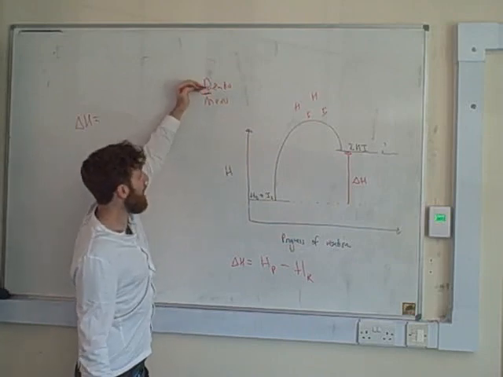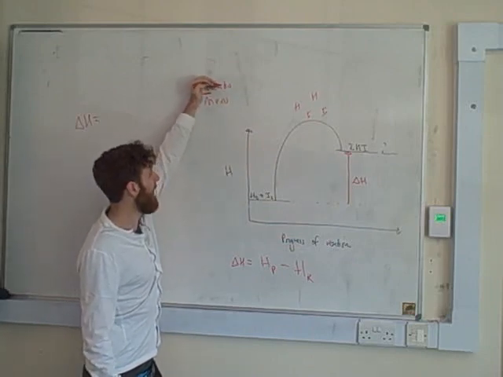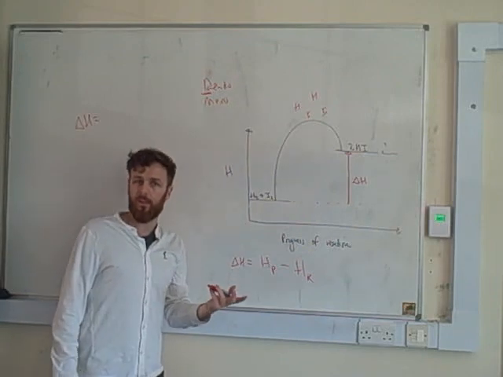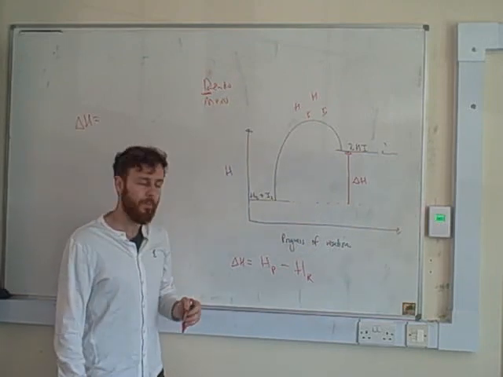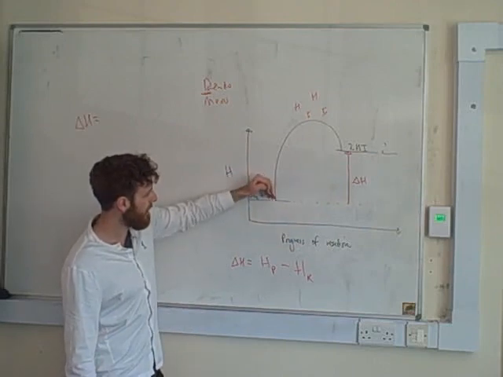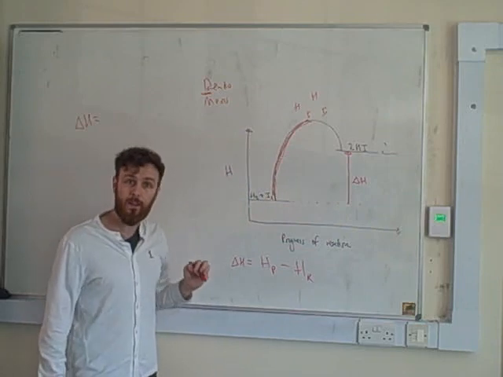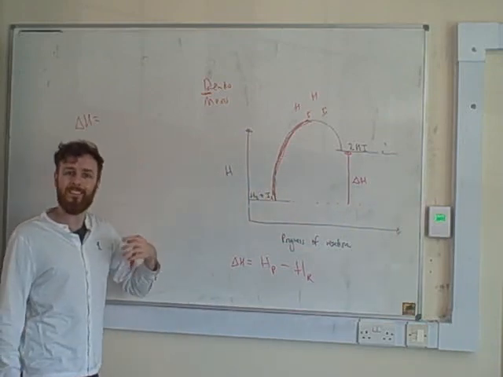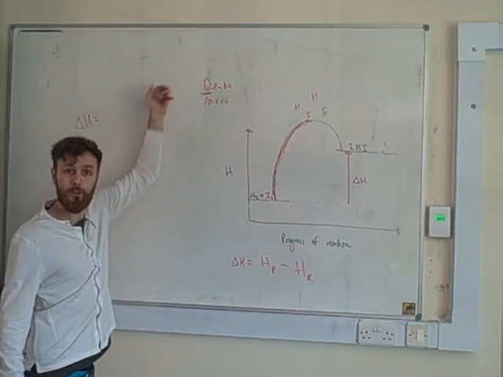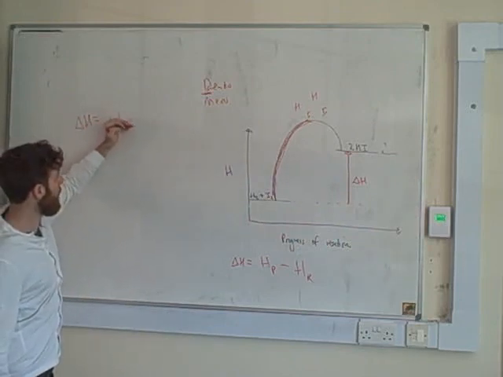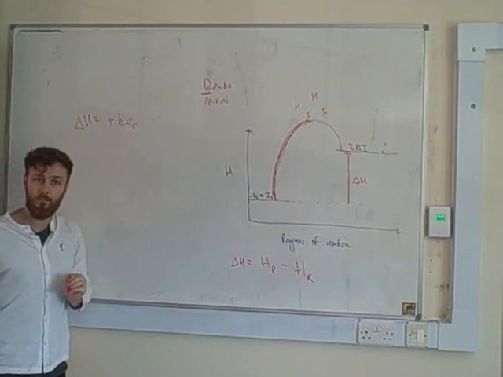If we're breaking the bonds of the reactants, that's endothermic, and endothermic is positive, isn't it? It has a positive delta H. So the first thing we need to do to get from here to here is break the bonds in our reactants, and that is endothermic, so that must be positive. So that is plus the bond enthalpies of your reactants.